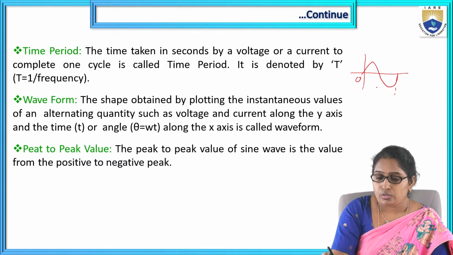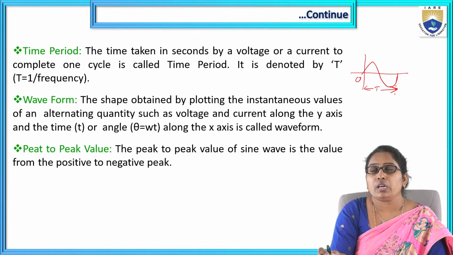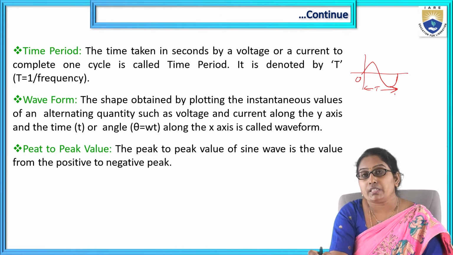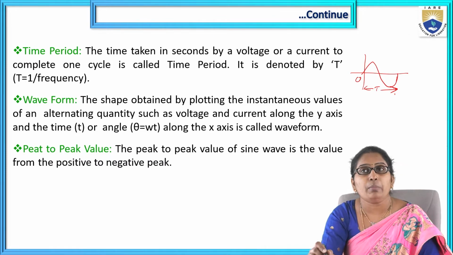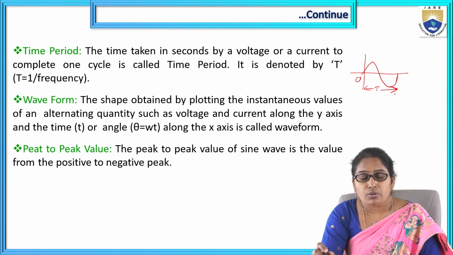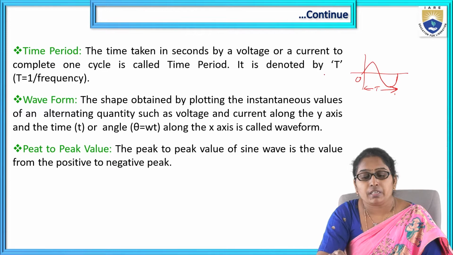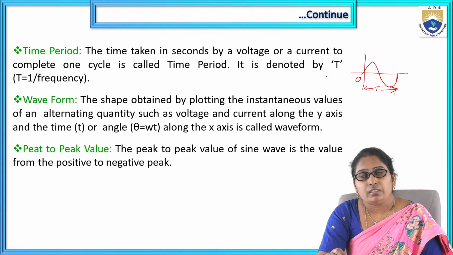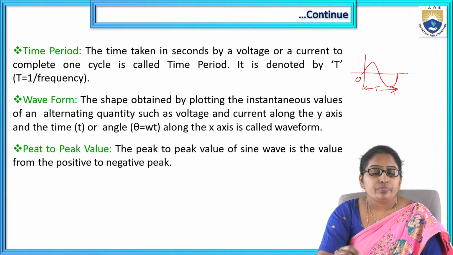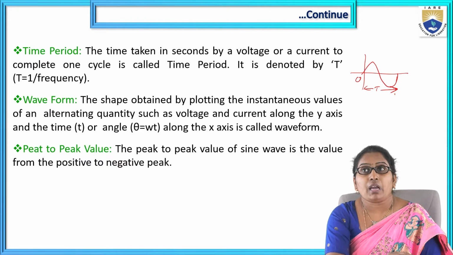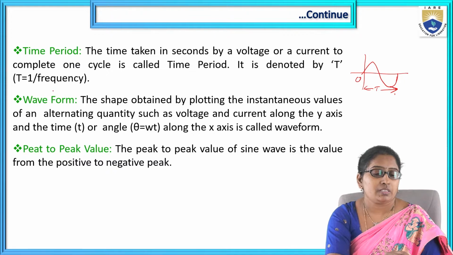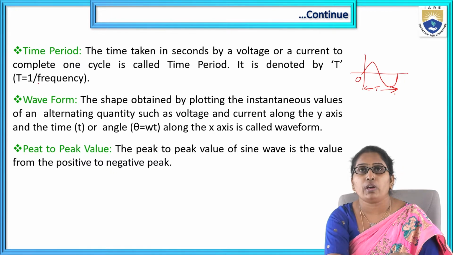So this is one cycle, and the time taken to complete one cycle, in seconds, is called the time period. It is denoted with capital T, and the relation between time period and frequency is given by T equals 1 by frequency, or frequency equals 1 by T.